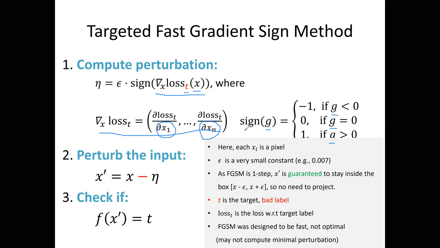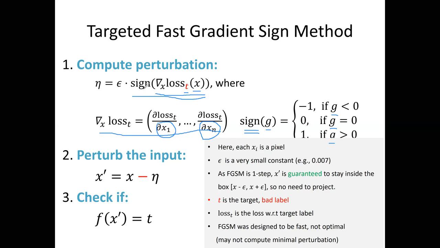What this sign represents, informally, is the direction in which we are going to be optimizing, moving each pixel, each component of the input X. So sign essentially gets you the direction of movement for each pixel.